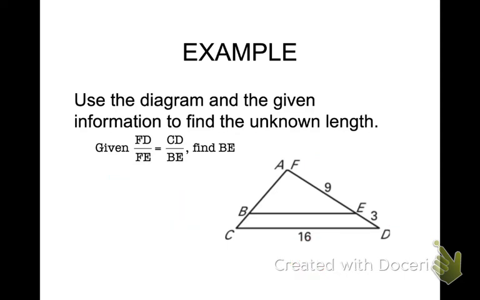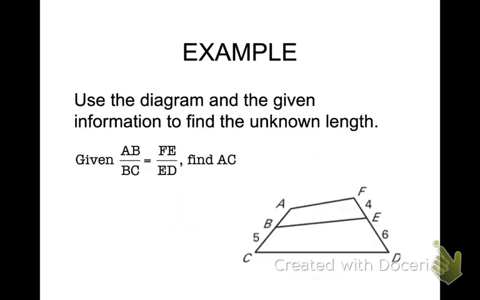Now we no longer have a triangle, we have a quadrilateral. But the same rules are going to apply. Looking at your proportion, do I know what AB is? Nope, so we're going to make that X over BC, which is 5, is equal to FE, which is 4, over ED, which is 6.